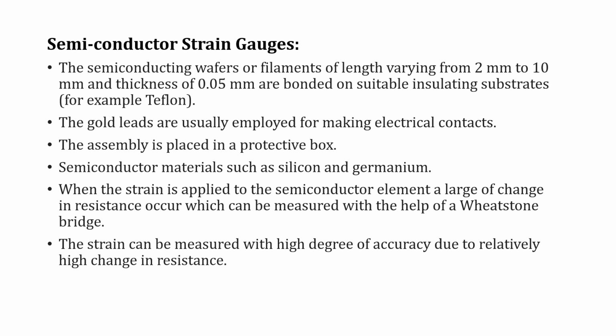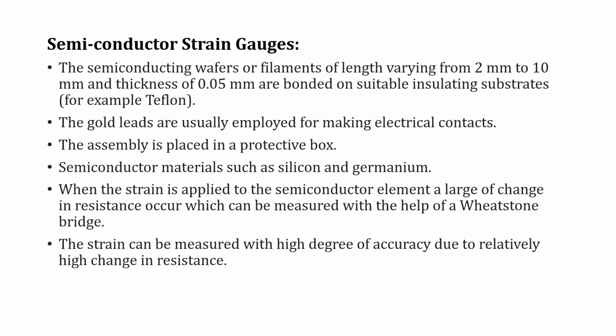Then comes the semiconductor strain gauge. A semiconductor wafer or filament having a length of 2 millimeters to 10 millimeters and a thickness of 0.05 millimeter is bonded on a suitable insulating substrate, for example Teflon. Gold leads are usually employed for making electrical contacts. The assembly is placed in a protective box.